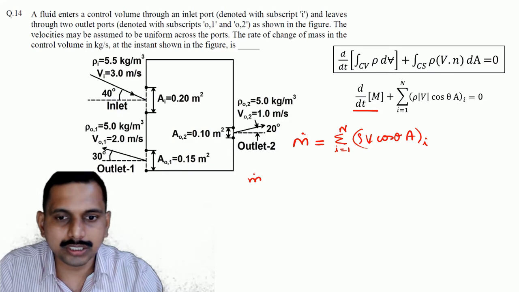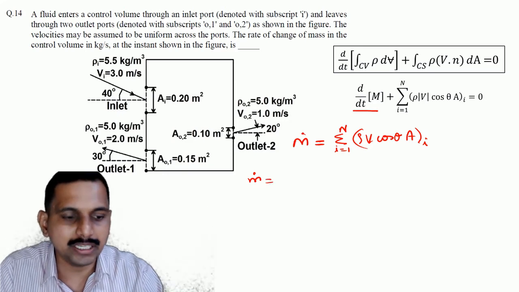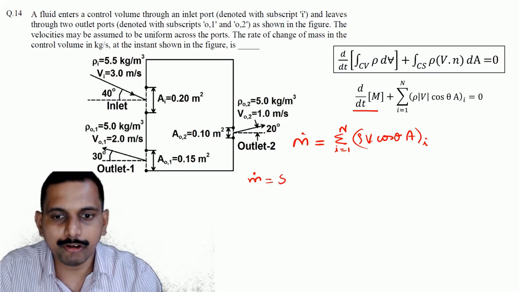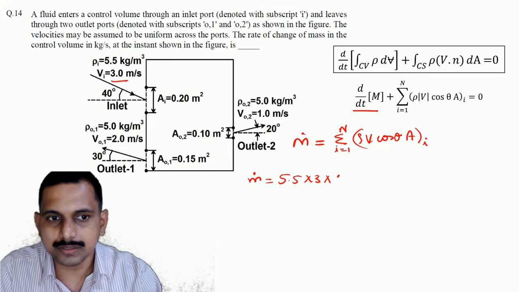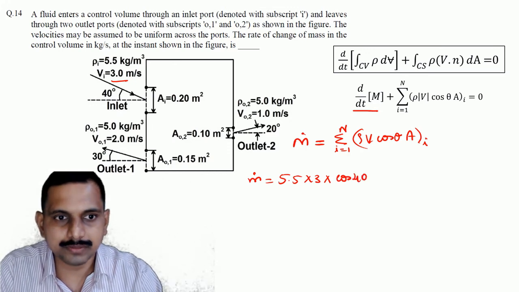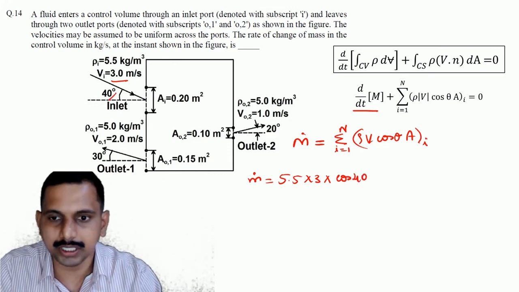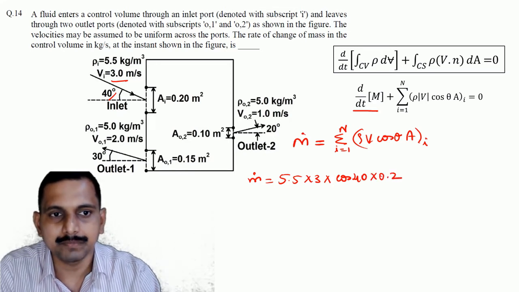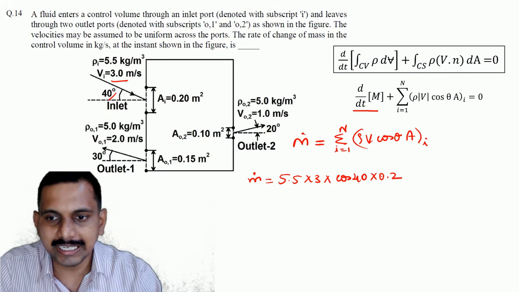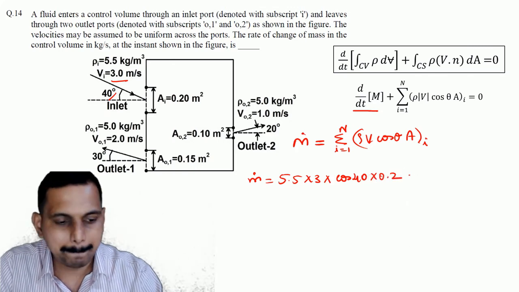So m dot would be here, first one we will take, which is equal to 5.5 into 3 into cos 40 degrees, which is given here, into 0.2, because 0.2 is the area. So this is the first inlet. First outlet, if I see, I have to do minus.